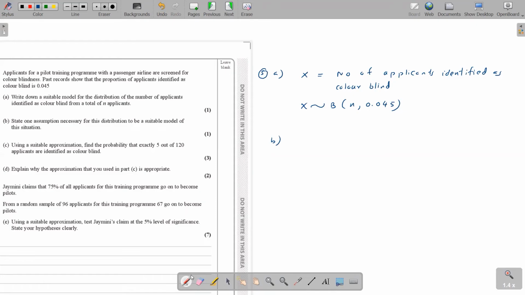The other one you can say is that the probability of identifying applicants as colorblind does not change, that is, there is a constant probability of an applicant being identified as colorblind. Even that is a good assumption.